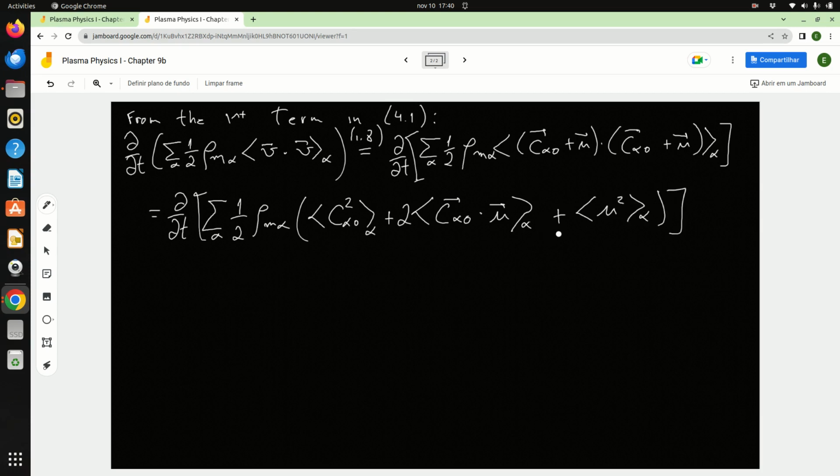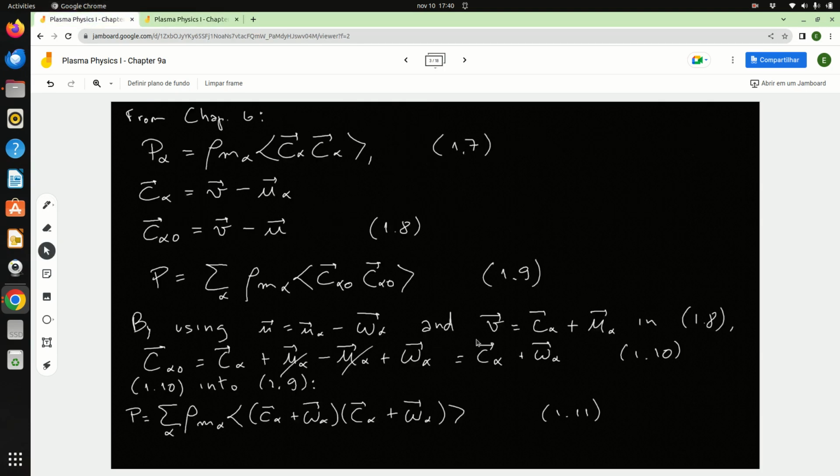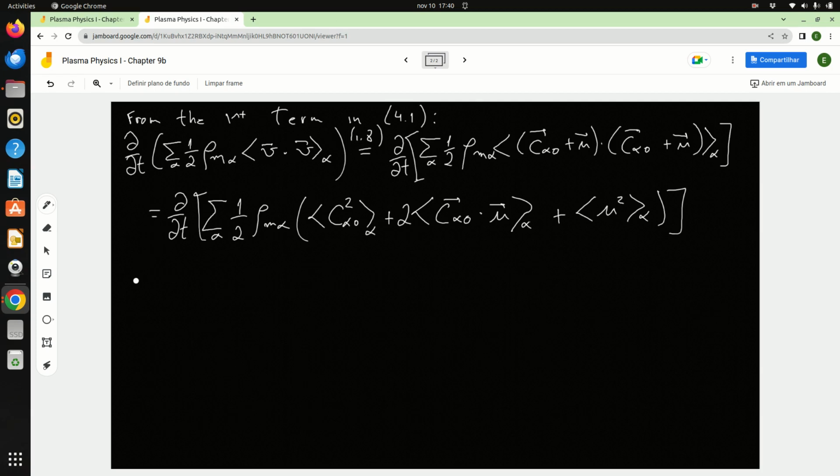Okay, and then if we use the definition of C alpha H from 1.10, 1.10 is this. So C alpha H is this one plus this. So I'll do it like here, everything again.